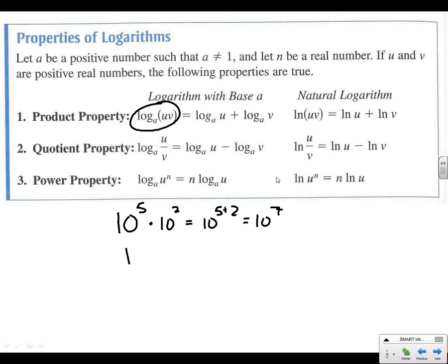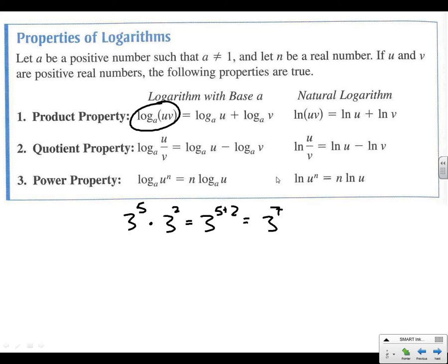If we have log, and on this one our base would be 10, and our answers here would be the multipliers. Let me actually use smaller numbers because it's easier to write. Start over with this. Let me make these 3. 3 to the 5th times 3 squared would turn into 3 to the 7th.